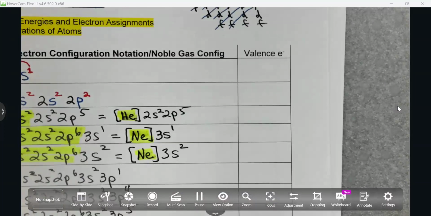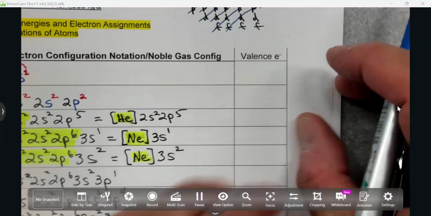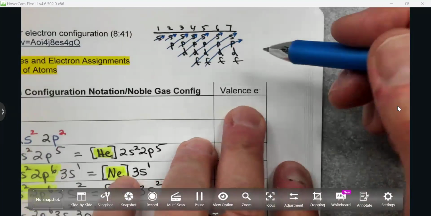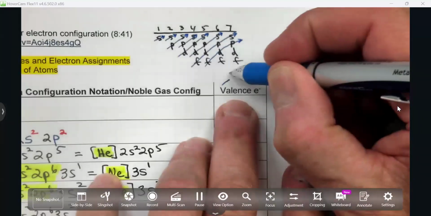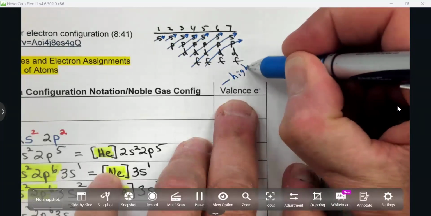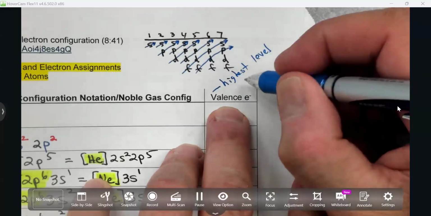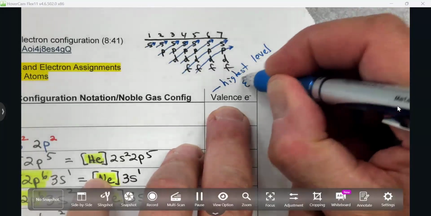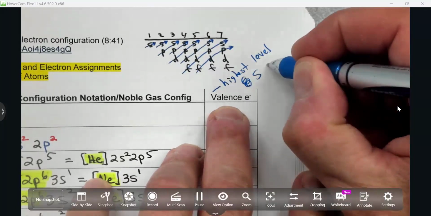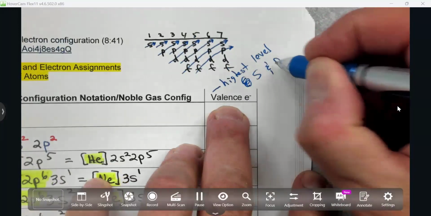So for valence electrons, I wish I would have had you write all these out. So valence electrons are just the highest level S and P electrons.